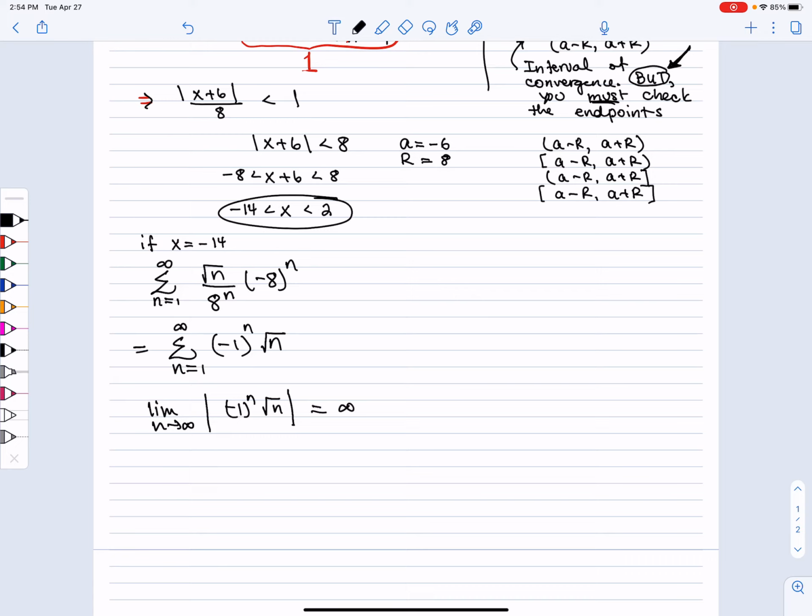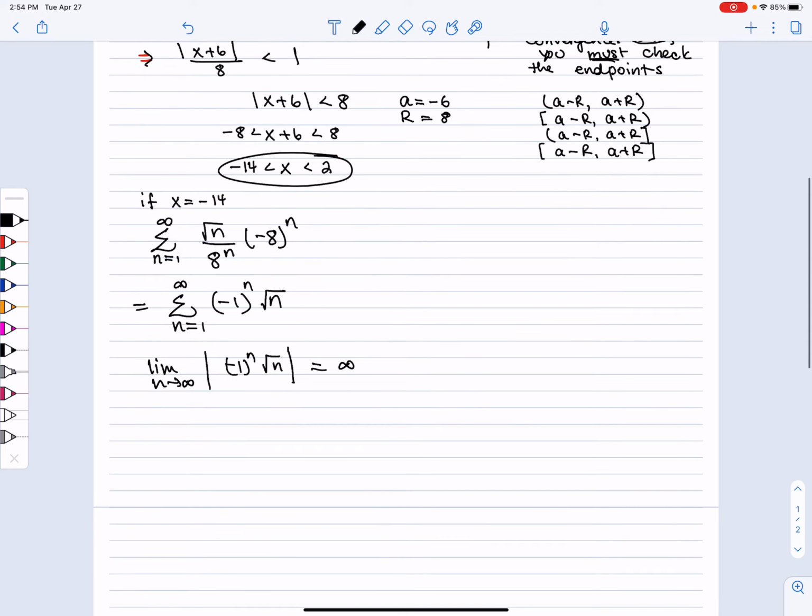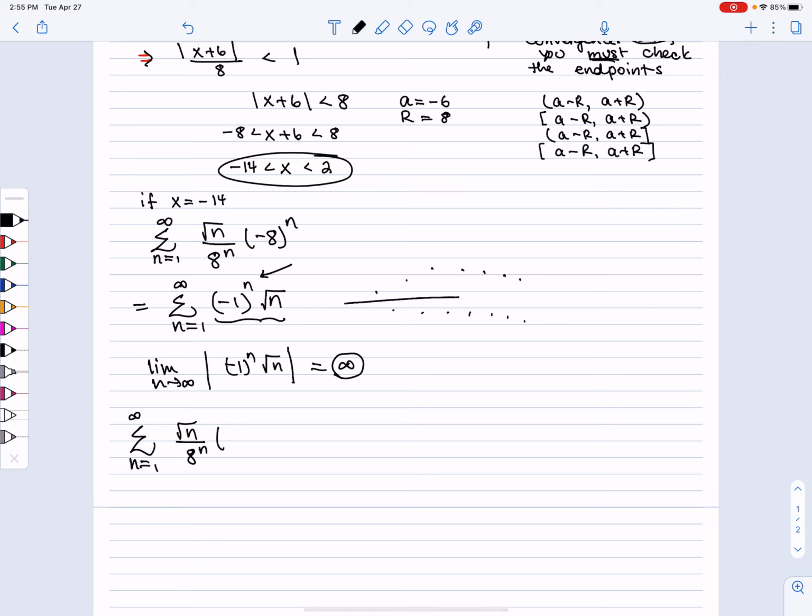So as your n gets bigger and bigger and bigger, your series will be alternating, but also, let me put it here, getting bigger and bigger. So we can say that because this limit is equal to infinity and you have an alternating series, the series as n goes from 1 to infinity of radical n over 8 to the n times negative 8 to the n is divergent by the test for divergence.